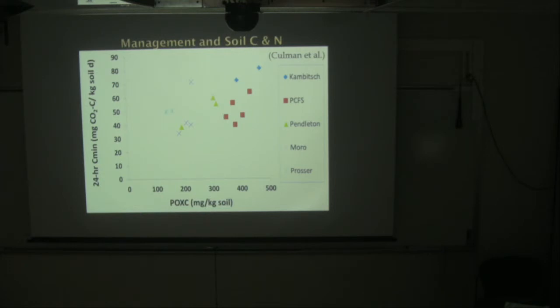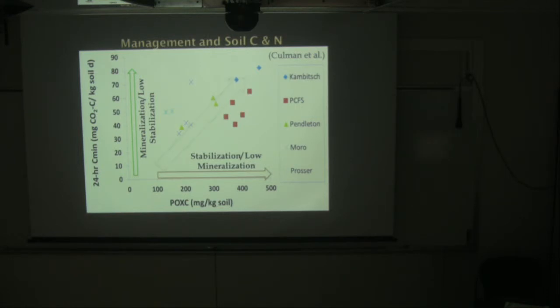So the y-axis is associated with the potential mineralization ability of the soil organic matter, the ability of organic nutrients to be mineralized into inorganic nutrients. The x-axis, POC, which, as I just demonstrated, captures the overall soil organic matter pool and can be more associated with stabilization.